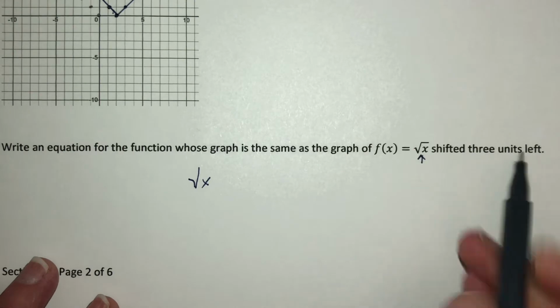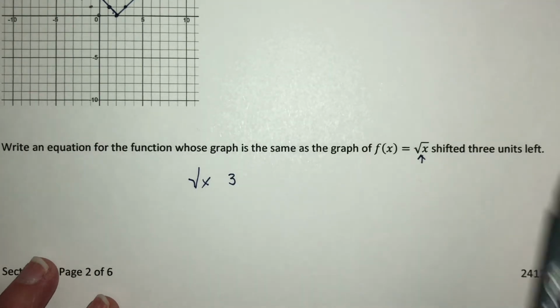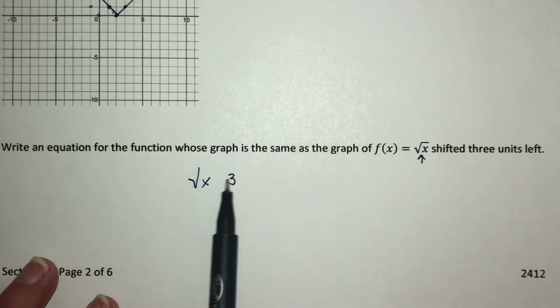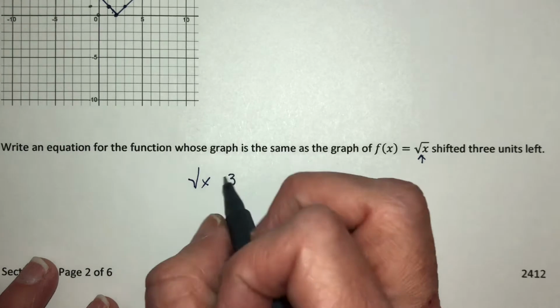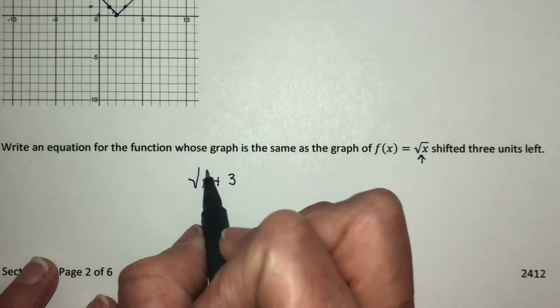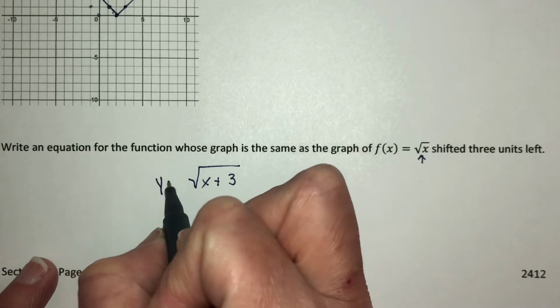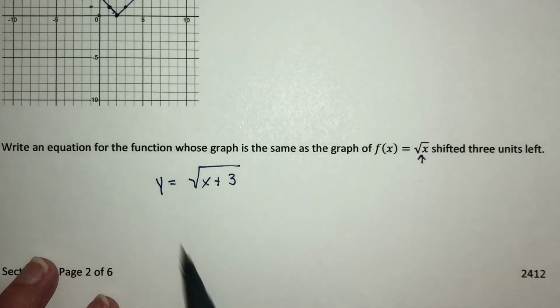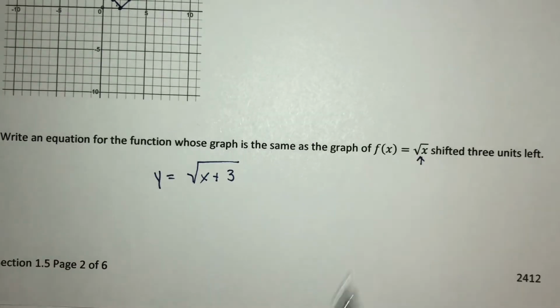And if I'm going 3 units, it's going to be a 3. Now, is it plus or is it minus? Well, inside, it always seems backwards. I want to go left, so that means I need to use a plus sign. And then the answer they're looking for is y is equal to the square root of x plus 3. That would be the graph of the square root of x moved 3 units to the left.